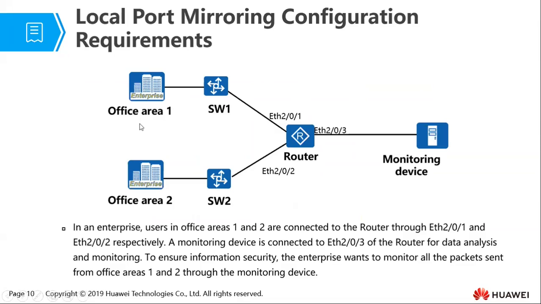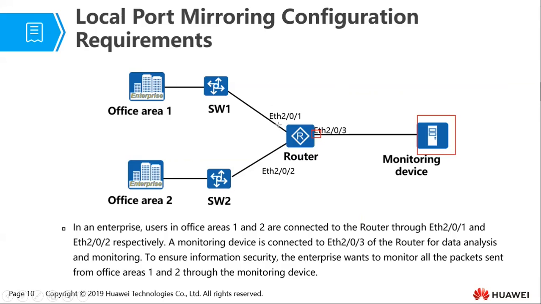Let's look at this scenario and how we can configure mirroring. In this particular case, this is our monitoring device. It's connected to this router on Ethernet 203.